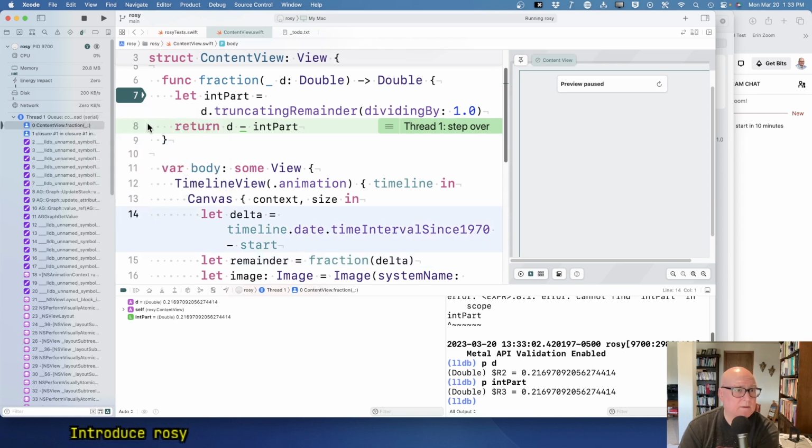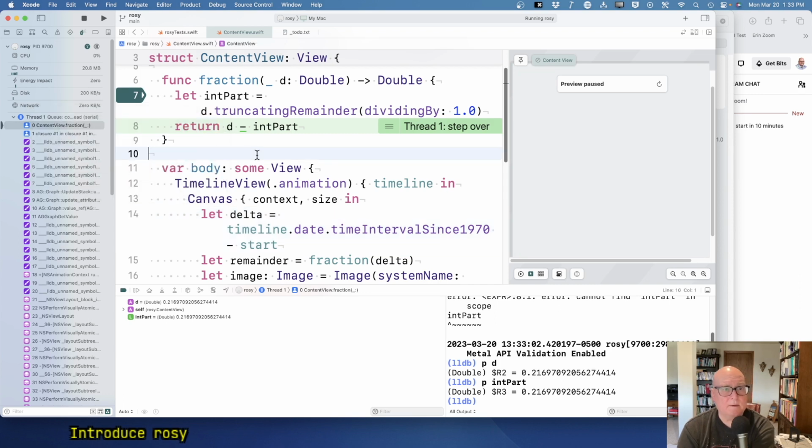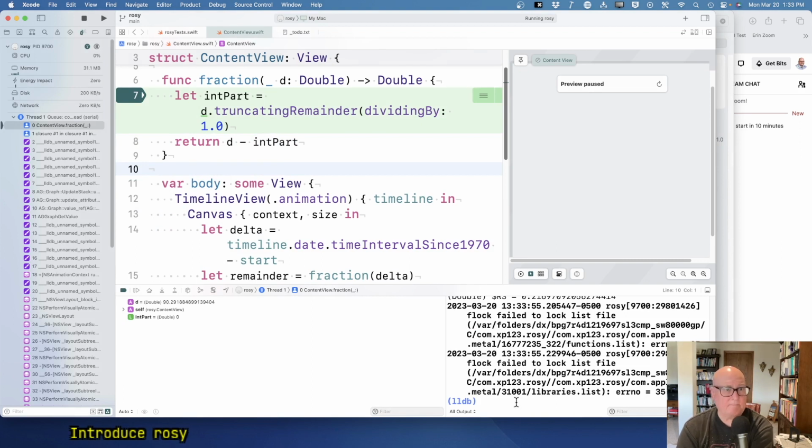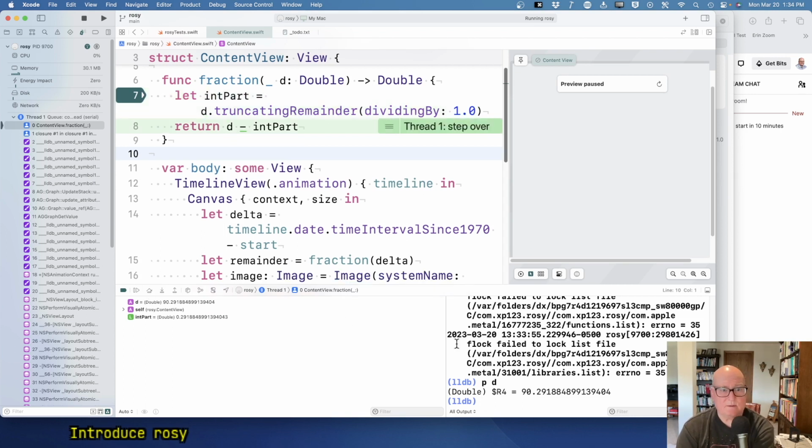I think. Condition D greater than 1. Okay. Let's continue. This, I don't know. I see that sometimes when I'm running things. It doesn't appear to be anything we're doing. Print D. 90. Okay. Step over. Int part is 0.29.